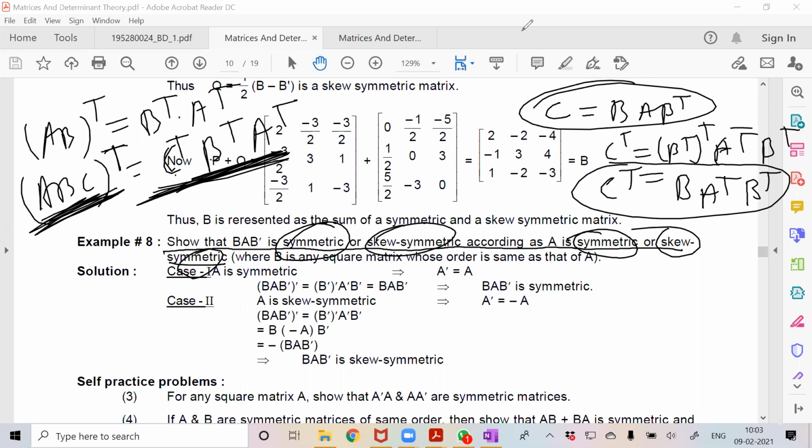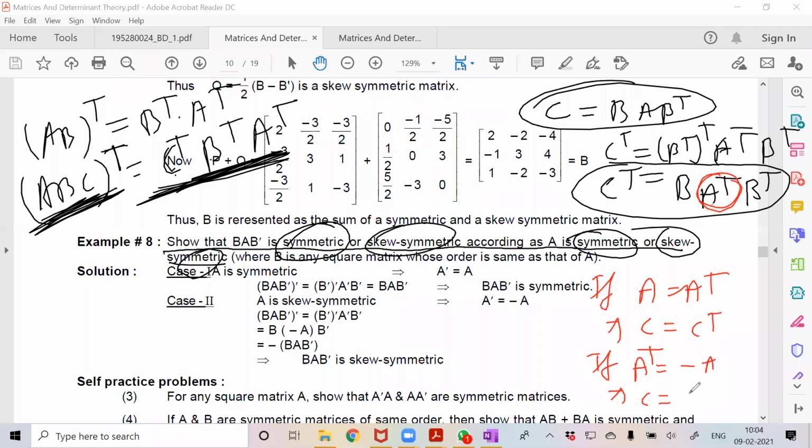So if A is symmetric, then A transpose is A. If A equals A transpose, you will see that C will be C transpose again. And if A transpose is minus A, you say it in another way, then C will be minus of C transpose, or C transpose is going to be minus C. So it's a very easy proof.